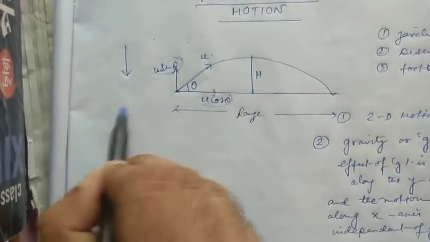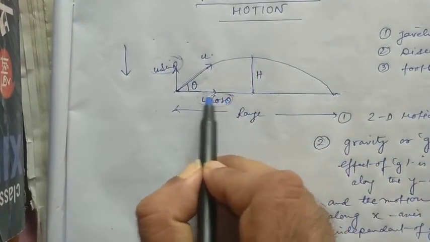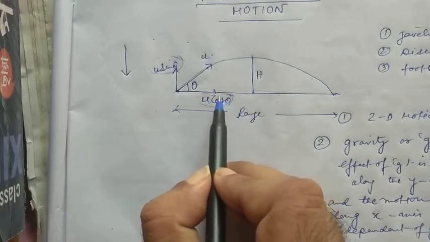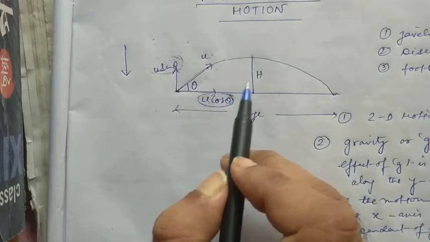It doesn't act in the horizontal direction. Therefore the velocity u cos theta is not acted upon by any gravitational force, so we can take it as a uniform velocity.